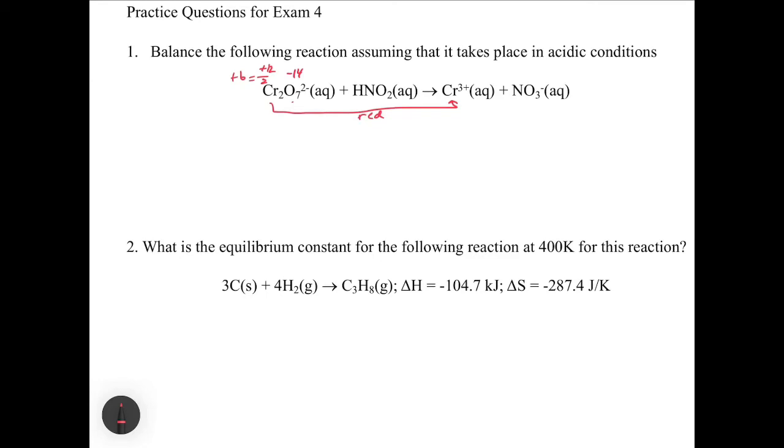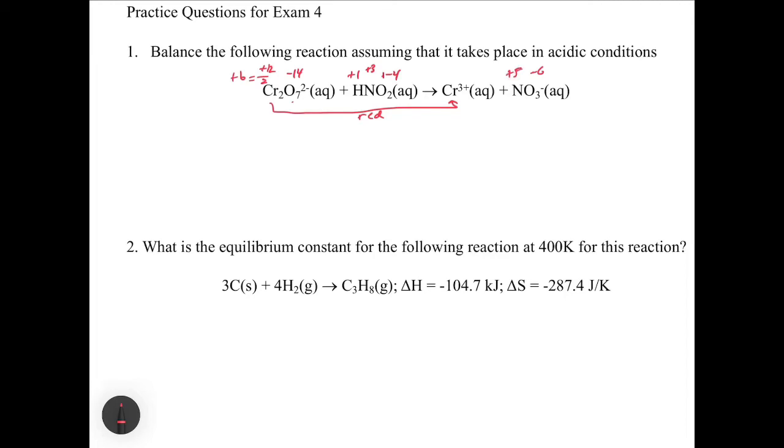And let's look at the nitrogen, because I think that's the species that's going to be oxidized. So here we have minus 4 for the oxygens. We have a plus 1. So that's going to give us a plus 3 for the nitrogen. And then over here we have minus 6 with an overall minus 1 charge. So this is going to be plus 5.